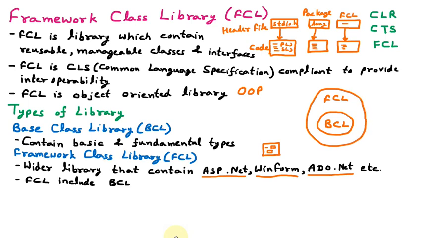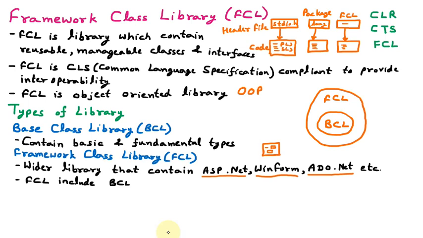That means if your system supports the FCL, you already have the basic things; the Base Class Library is part of the Framework Class Library. So when we learn the Framework Class Library, we are also covering all the classes and fundamental types available in the Base Class Library. That is the difference between the BCL and the FCL.